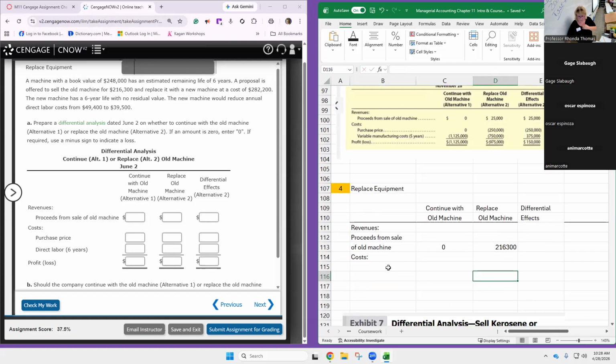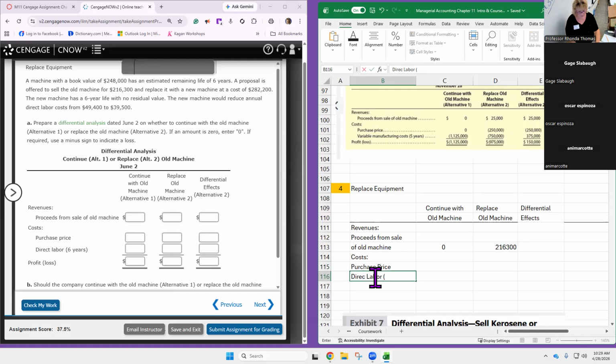Okay. Under costs, we should have a purchase price. And we have a purchase price and a direct labor, because it is saving us some direct labor. So we have to figure that in too.